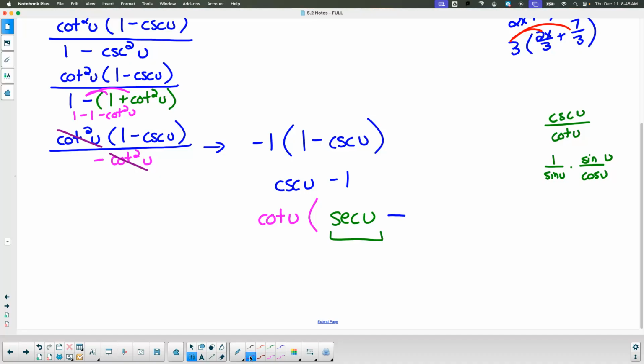I got to take 1 and divide it by cotangent. You should know by now that 1 divided by cotangent is tangent, because it's the reciprocal of cotangent.